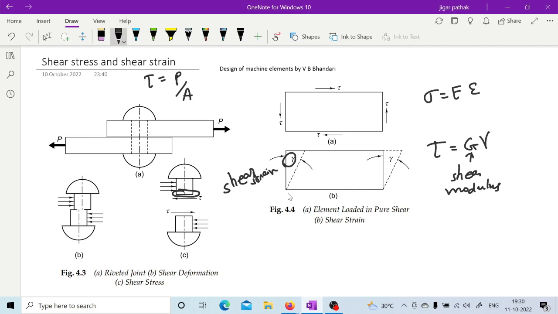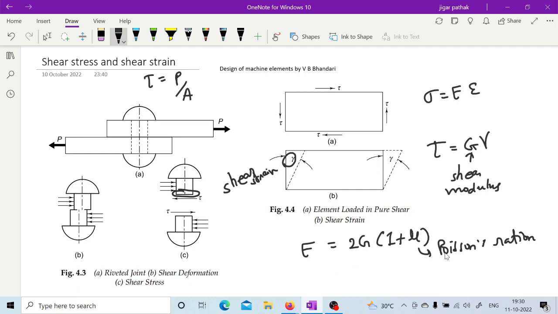Now you already have an idea about the relation between elastic modulus and shear modulus. It is related as E is equal to 2G(1 plus mu). These can be proved, but we are not going to spend time on this for now. Where E is elastic modulus, G is shear modulus, and mu is Poisson's ratio, which is lateral upon longitudinal strain.